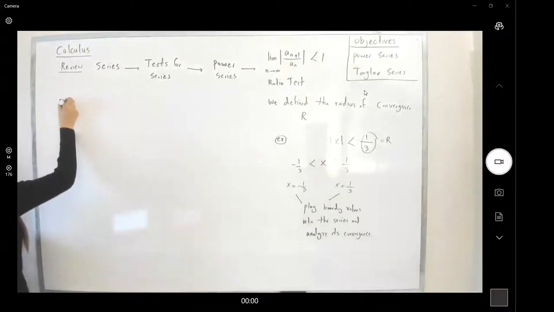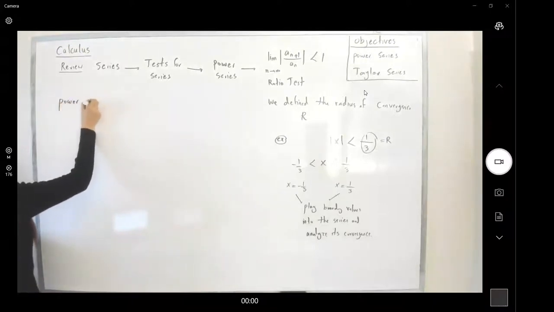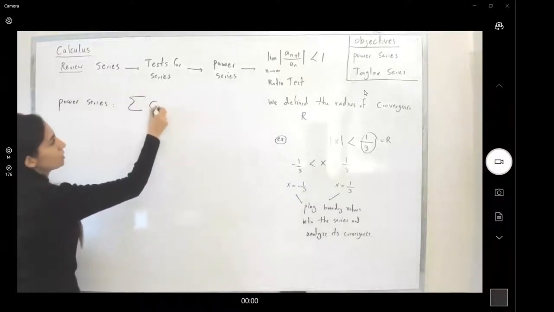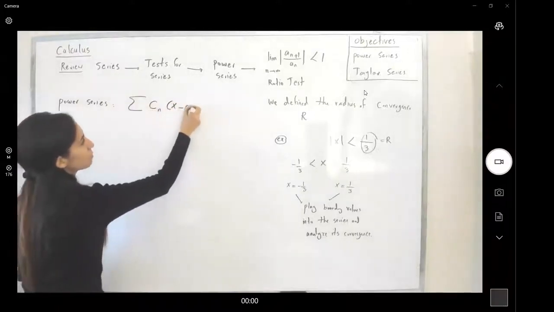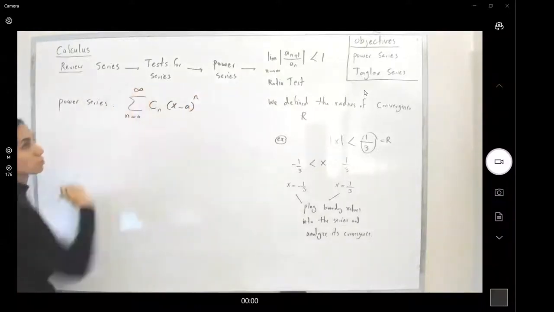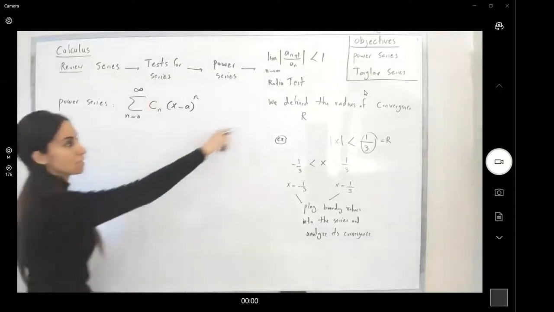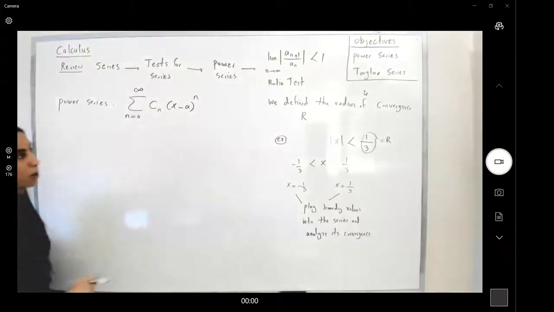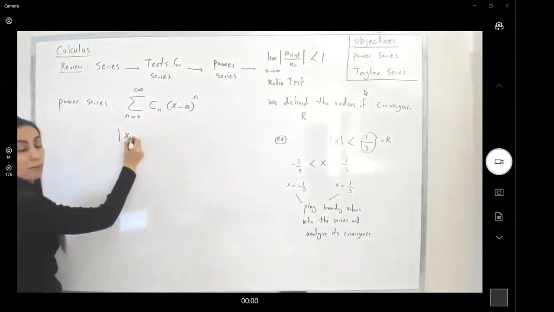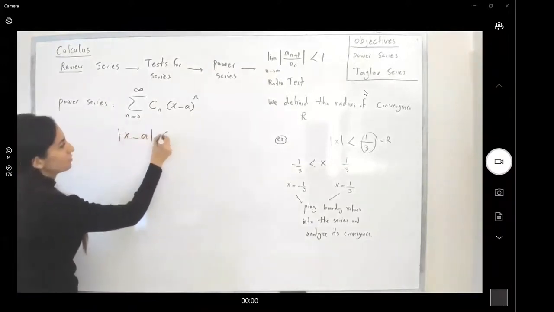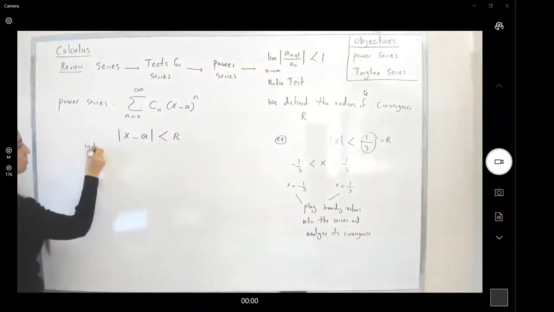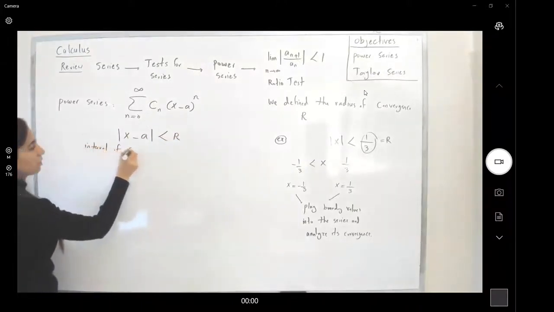Power series was defined as the sum of Cn times (x minus a) to the power n, starts from 0, goes to infinity, and we saw that by using the ratio test, we can find the interval of convergence.